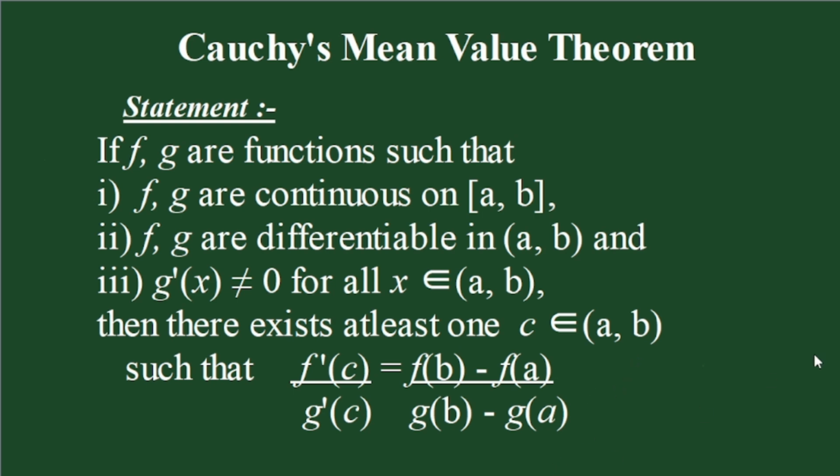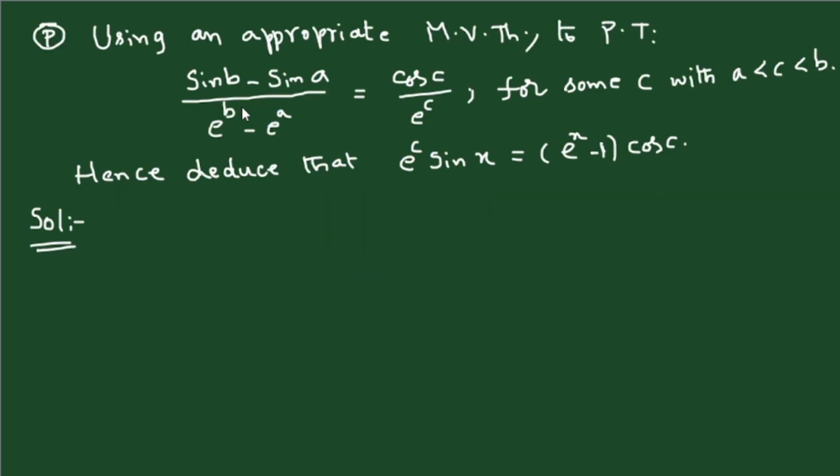Okay. So we will see an application of this. Application of this means what? You will be given two functions like this. That is, using an appropriate mean value theorem to prove the statement that (sin b minus sin a) by (e^b minus e^a) equals cos c by e^c for some c with a less than c less than b.